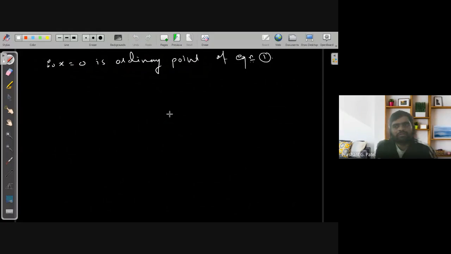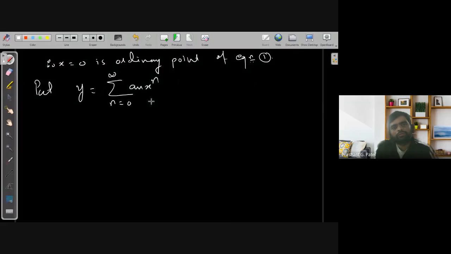And since it is an ordinary point, as per the theory the solution is of the form y equal to summation n running from 0 to infinity a n x raised to n.